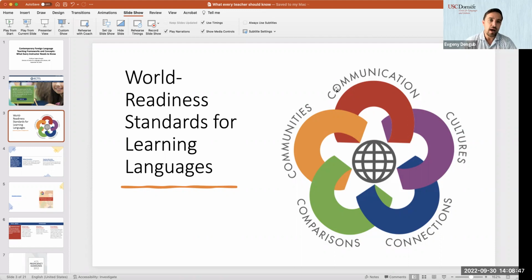I don't necessarily like the title, standards. I think this is more of a guideline for us. Unfortunately, there's another document that's called guidelines, which we'll talk about later. But this for me is a sort of guide, what I should be remembering to do with my students as I plan the lesson.